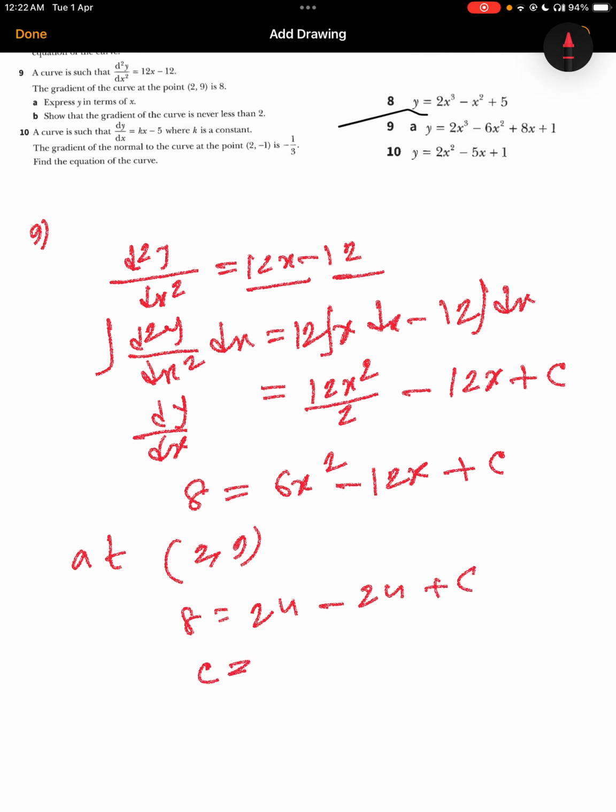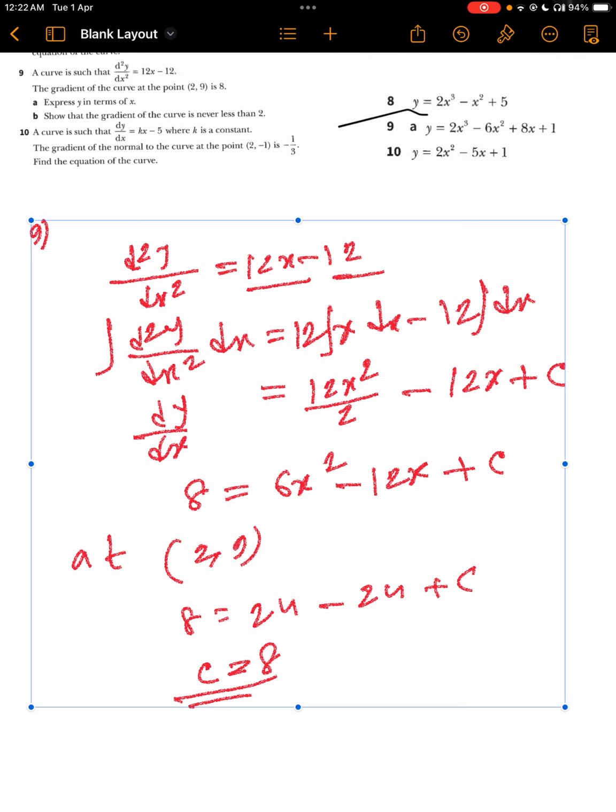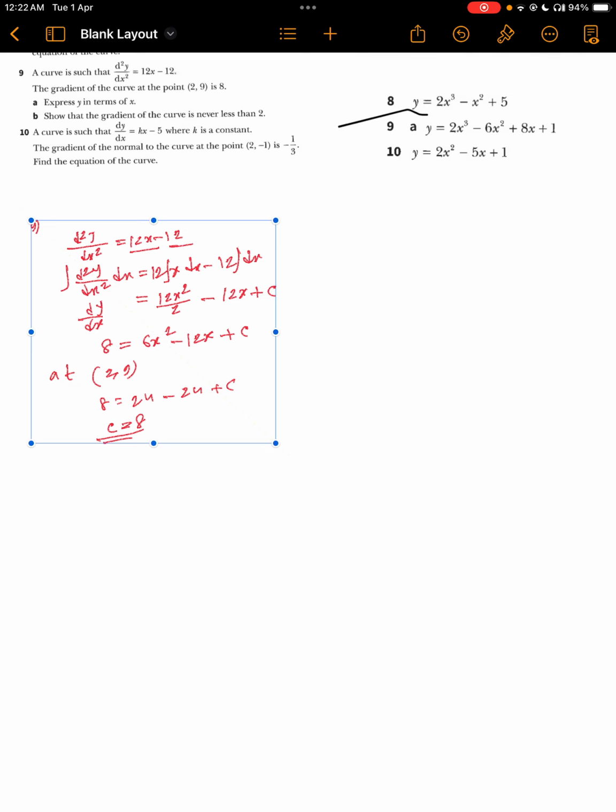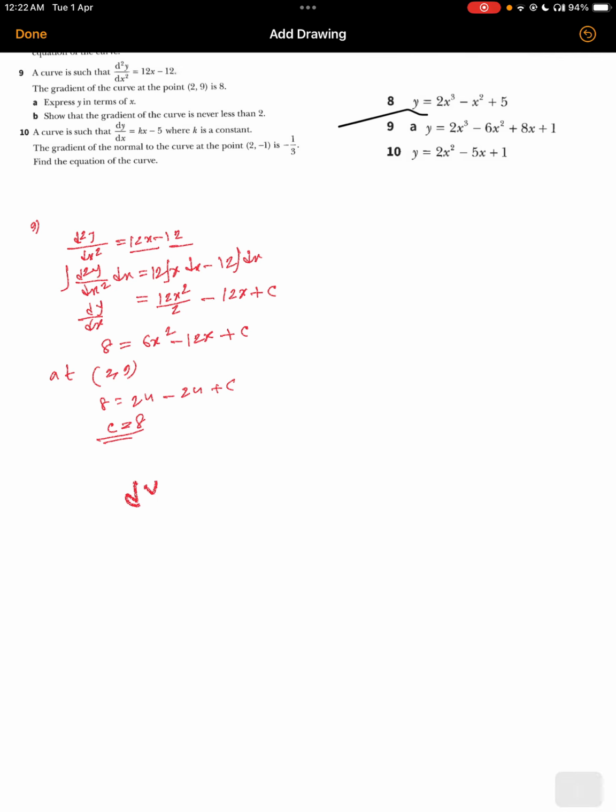So our c would be 8. So the gradient is 6x squared minus 12x plus 8.